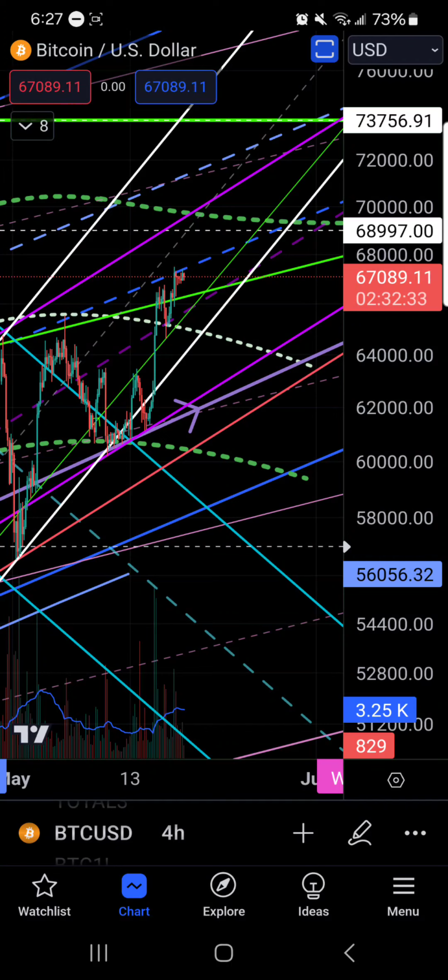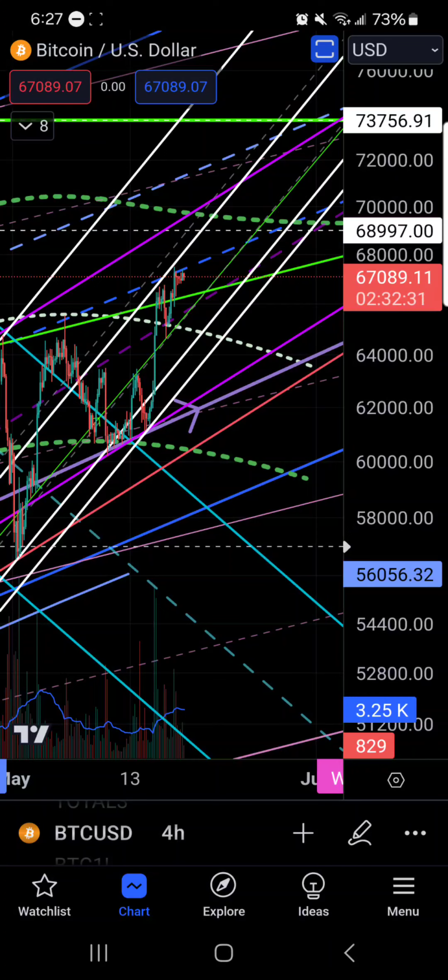So we have this channel, which is based off of these lines here, the lower one. And now this one. Now, these green lines are parallel to the green line that I have left there, but they're not exactly parallel to our new bull rally channel. So we'll just see what happens with that.